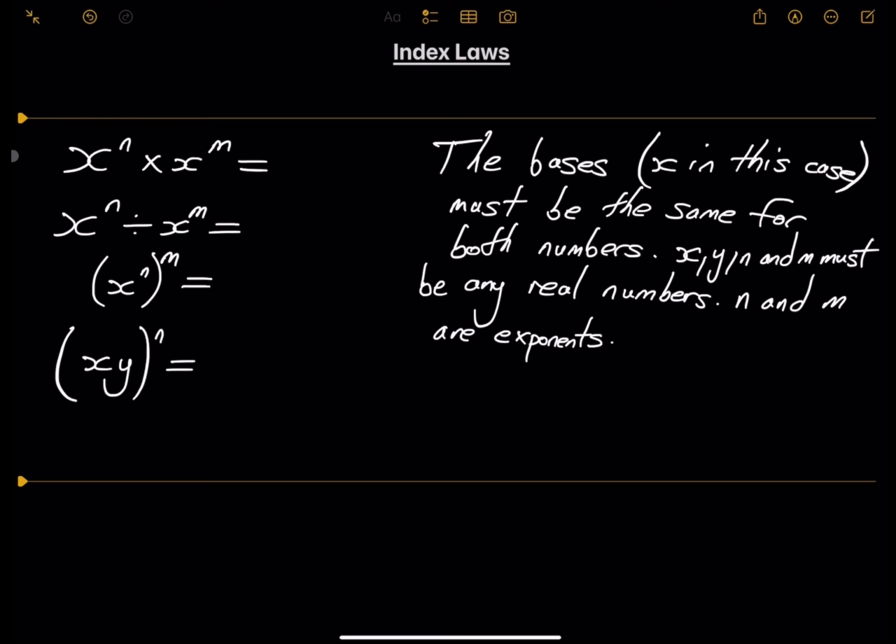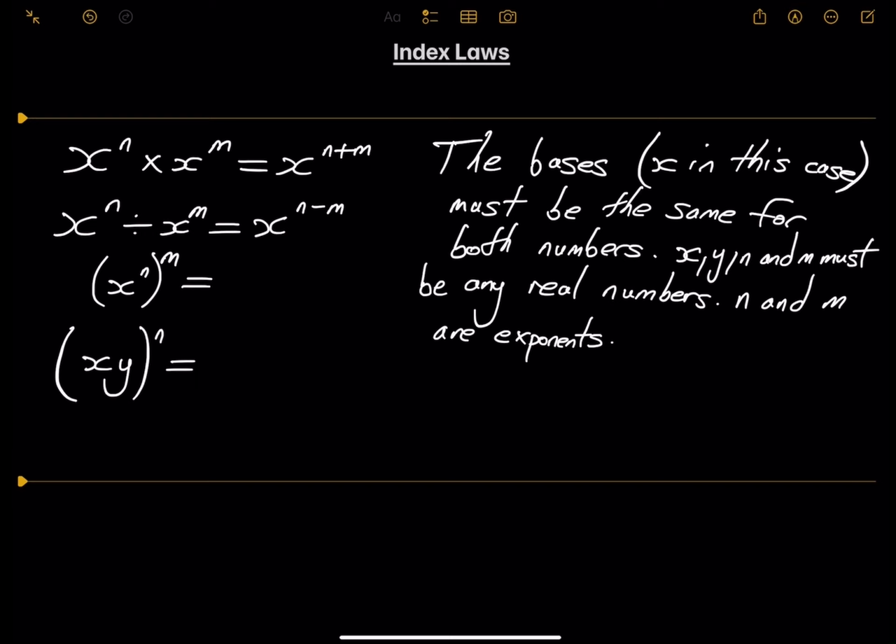In this first example, x raised to the power of n multiplied by x raised to the power of m is equal to x raised to the power n plus m. This is always the case. For the second example, x to the power of n divided by x to the power of m is equal to x raised to the power of n minus m.